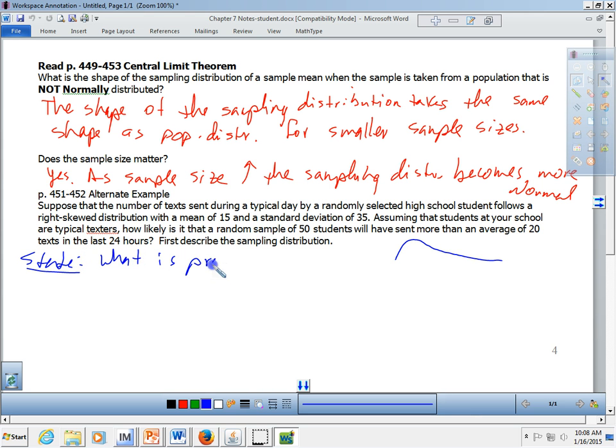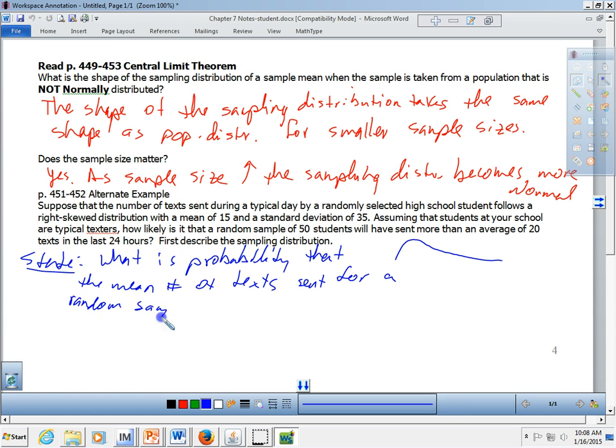What is the probability that the mean number of texts sent for a random sample of 50 students will be more than 20?